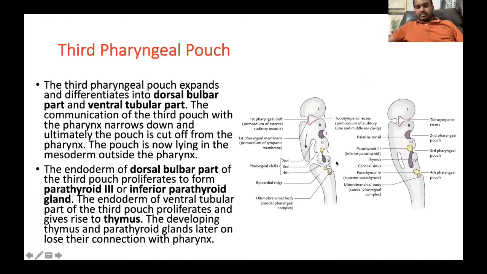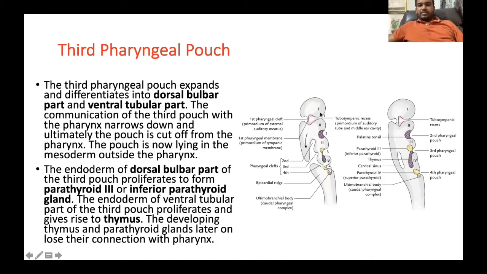So it's very simple. The third pharyngeal pouch has a dorsal bulbar part and a ventral tubular part. The dorsal bulbar part proliferates and forms the inferior parathyroid gland, whereas the ventral tubular part proliferates and gives rise to the thymus.